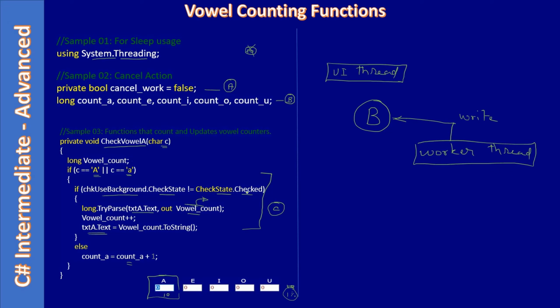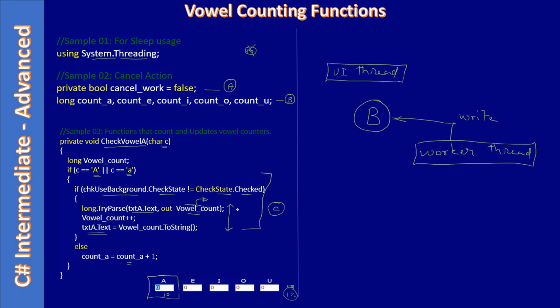Since this code will run in the main thread itself, because it's not a worker component, the function is CheckVowelA, and we will not land in this piece of code when we are using the background worker component.